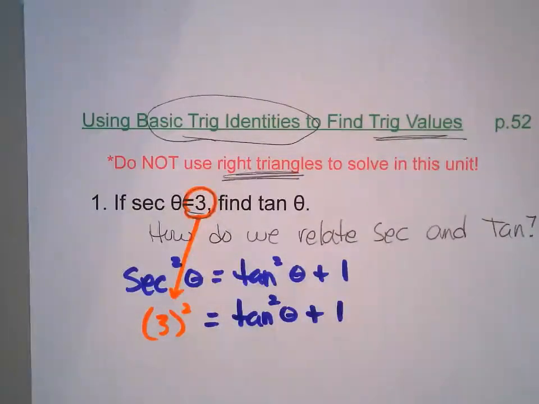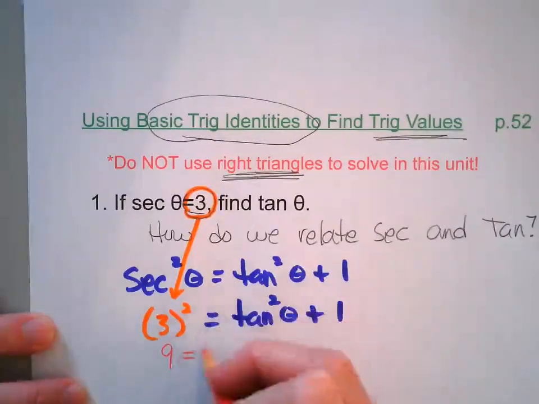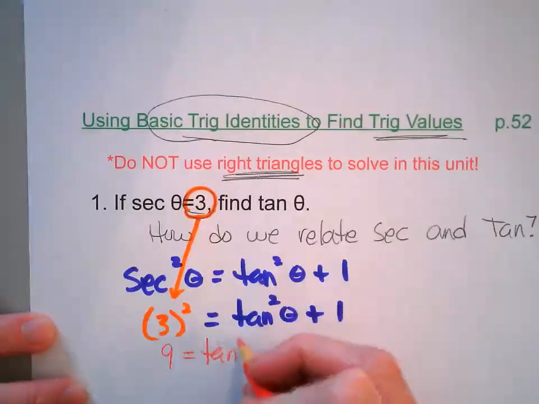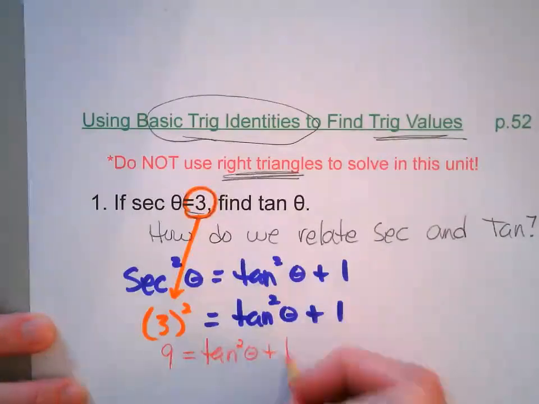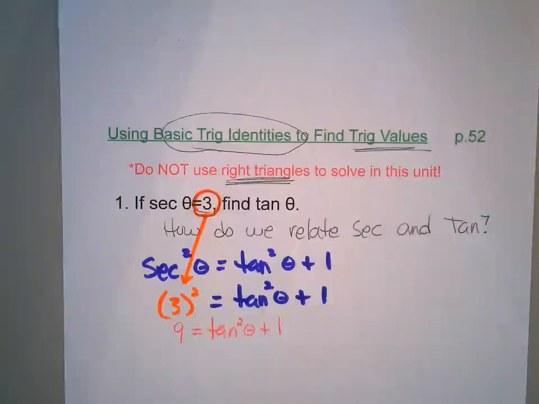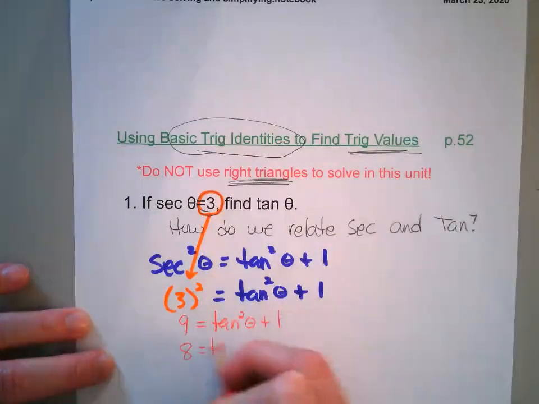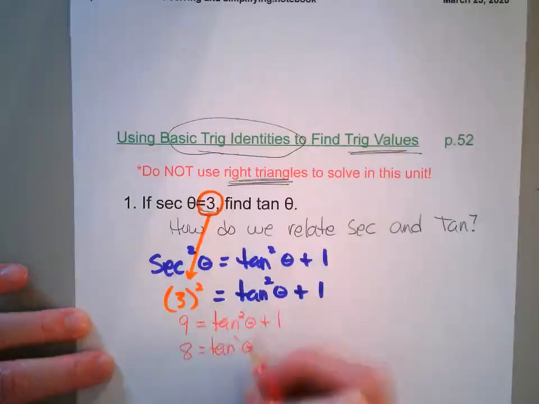And from this point, it's just solving an equation. Hardest part's going to be figuring out what identity to use. Okay, and so from here, we just have at it. So this will be 9 equals tangent squared plus 1. Subtract the 1. 8 equals tangent squared theta.